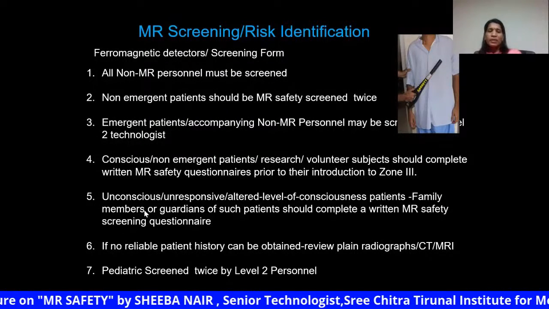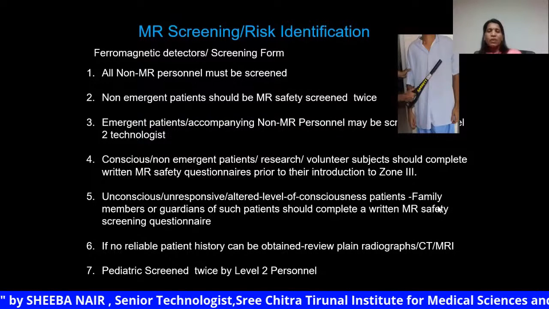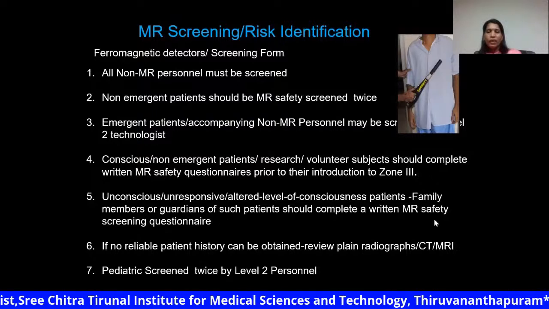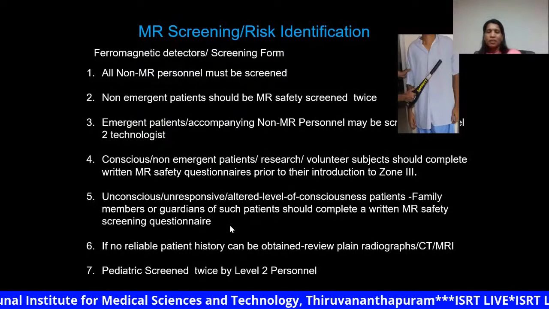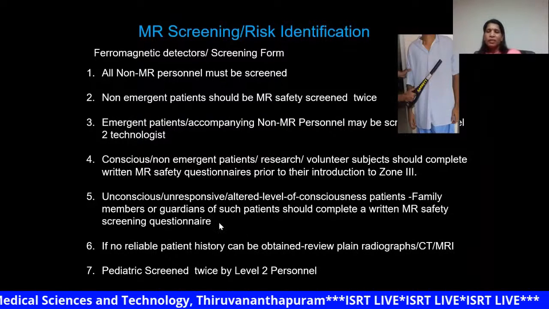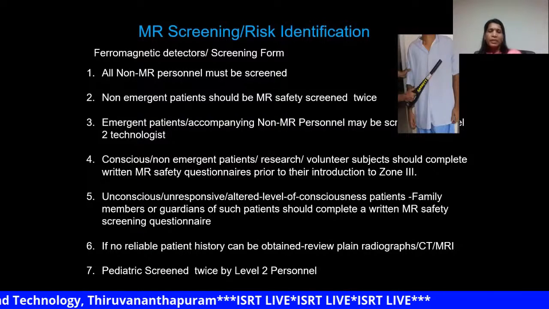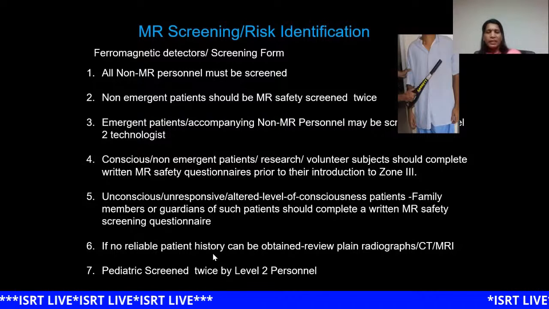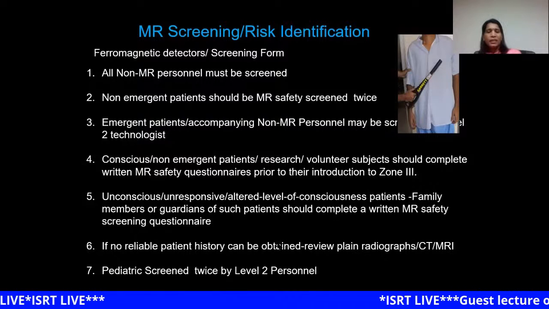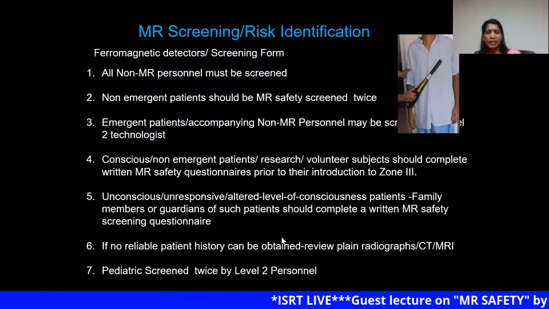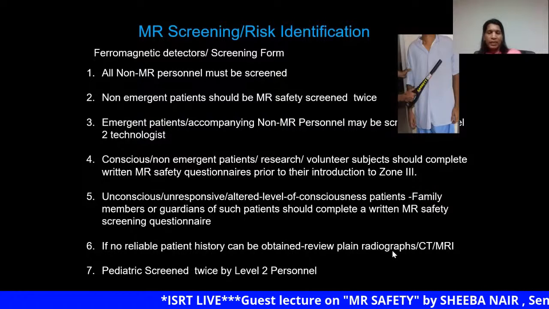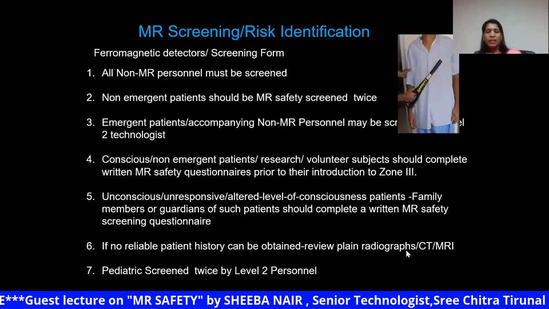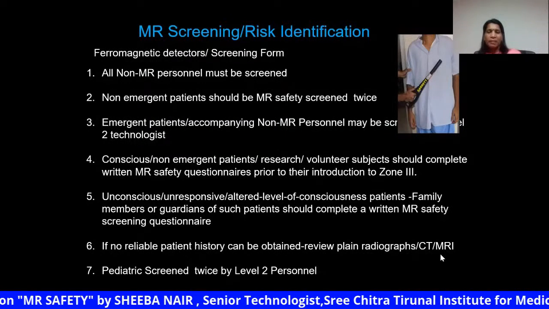And for unconscious and unresponsive patients, one of their family members or the guardian can fill the written MR safety questionnaire. And none of the columns should be left empty. And if in an unconscious patient reliable patient history is not available, and the MR imaging is still urgent, then we can take a plain radiograph, or review old plain radiographs, CT, or prior MRI.